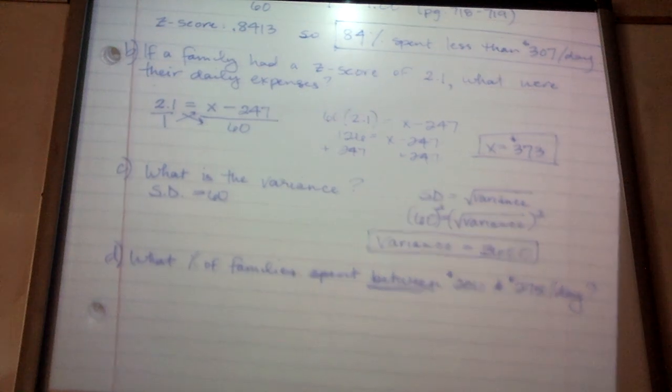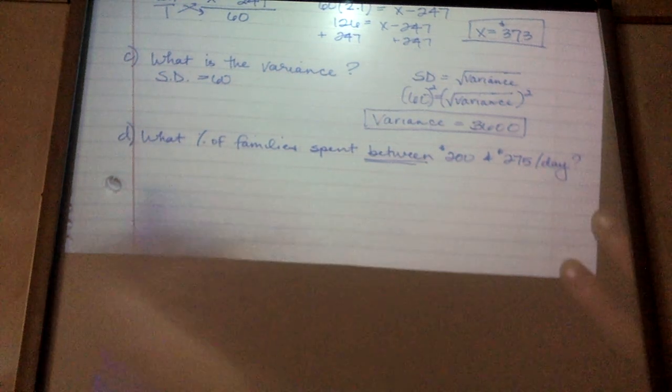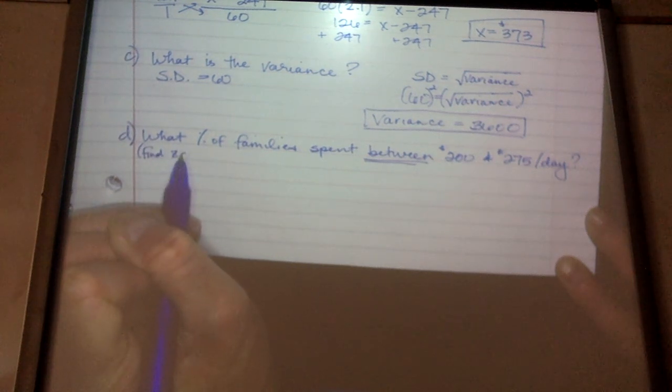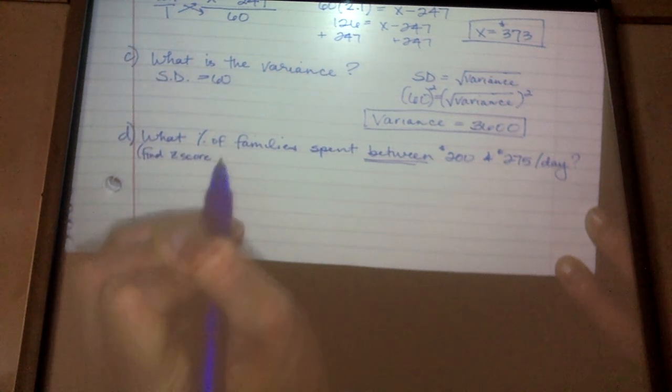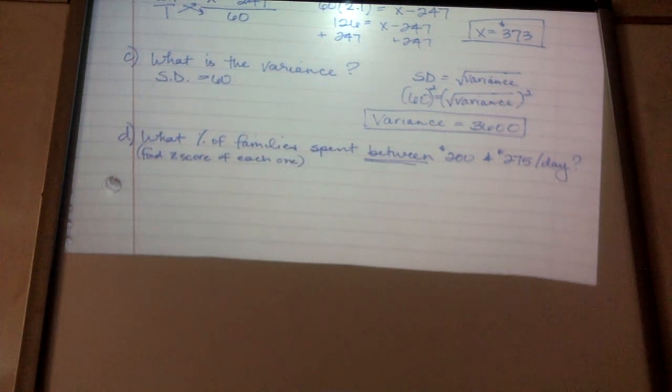So how do I do a problem that's asking me for the percent between two different numbers? If you get a problem like this, which I know you will because I looked at your homework, you have to find the z-score of each, and then we'll subtract to find the amount in between.